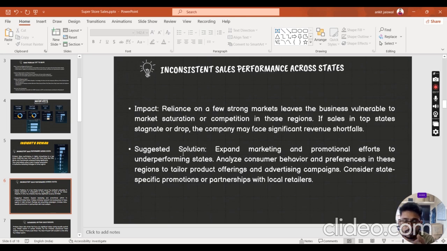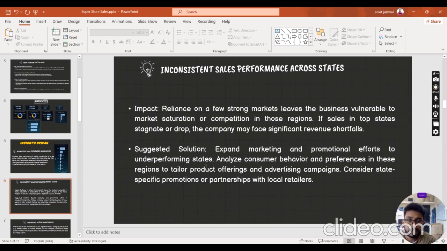Now, what's my solution? My solution is to expand marketing and promotional efforts for these underperforming states. These cities need some promotional and marketing expenditure so that people become aware. Analyze consumer behavior and preferences in these regions to tailor products, offerings and advertising campaigns we can run.